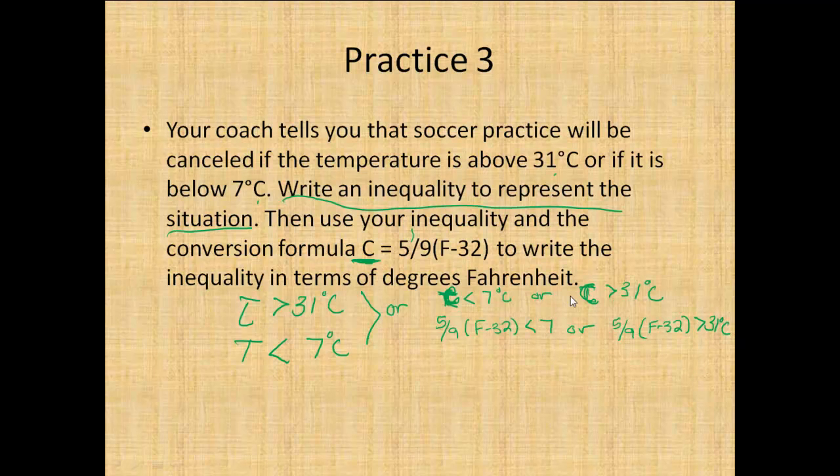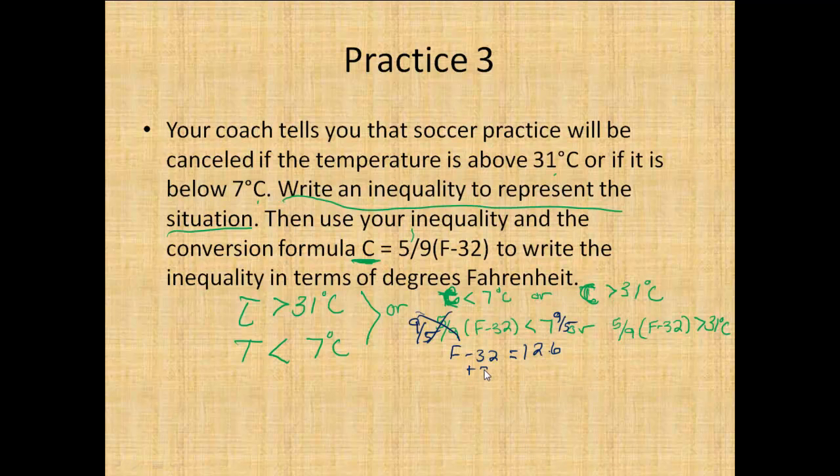From here we're going to solve each side of our inequality. I need to multiply by 9/5 on both sides, and when I do that over here, those cancel out, so I'm left with F minus 32 is less than, well, when you take 7 times 9/5, you get about 12.6.